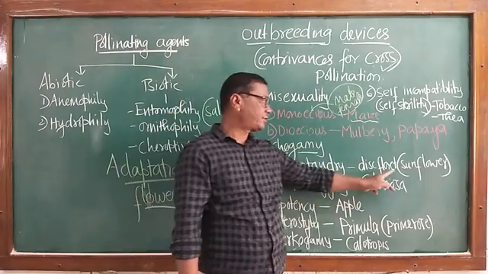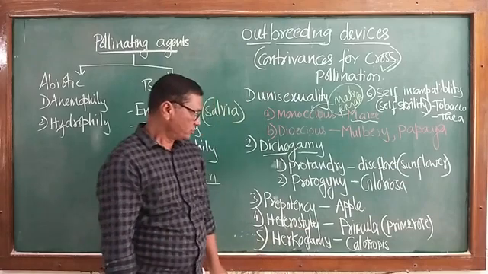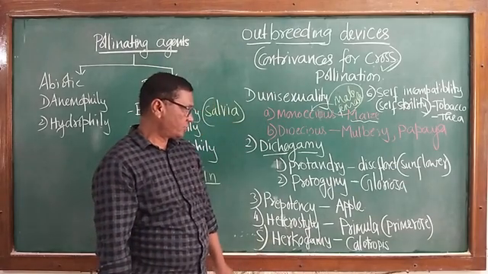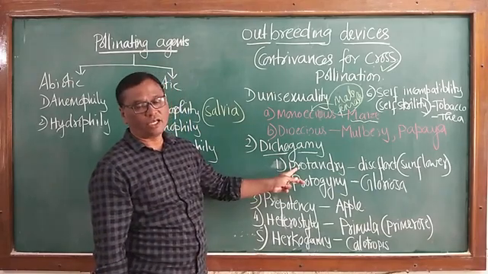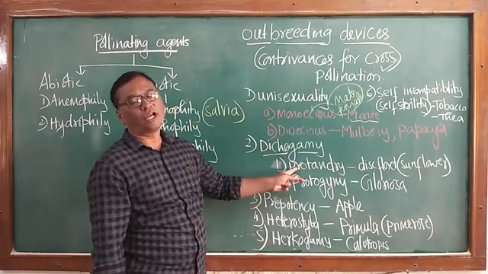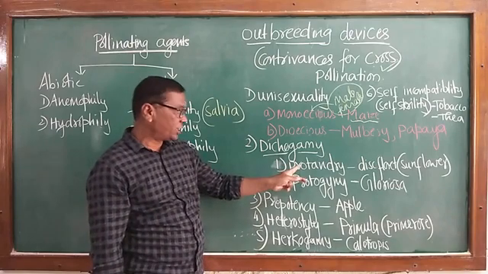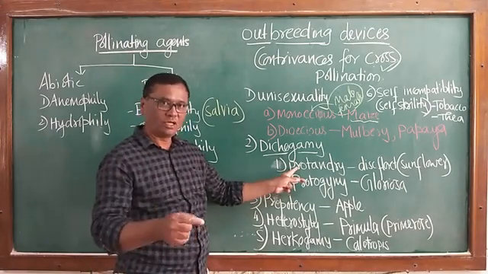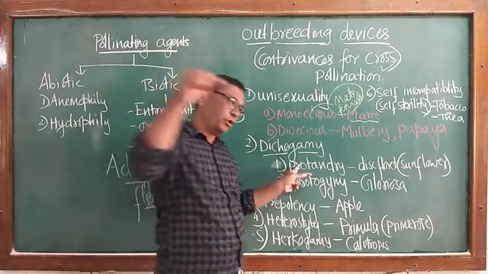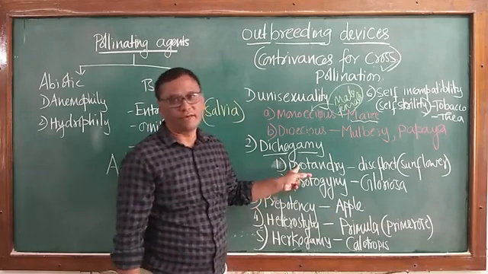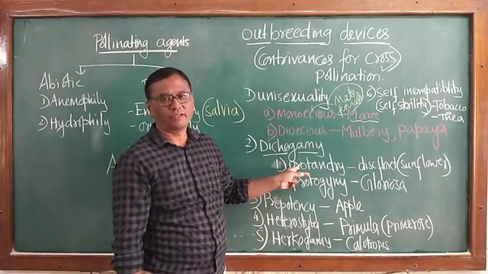Example, the disc florets in sunflowers. So, when the androecium matures earlier and the gynoecium matures later, the pollen grains from the same flower or from the same plant cannot pollinate the stigma of the same flower or plant.